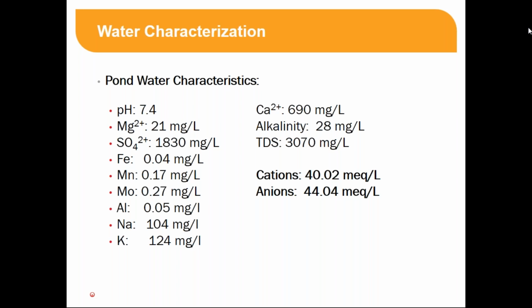The feed water has around 130% of calcium sulfate saturation. In addition to that, the feed had molybdenum around 0.27, iron around 0.17, and manganese around 0.17 and iron around 0.04. Most of the cations and anions are imbalanced.